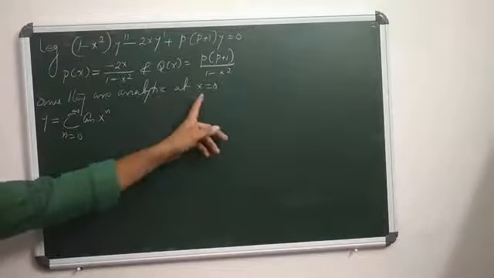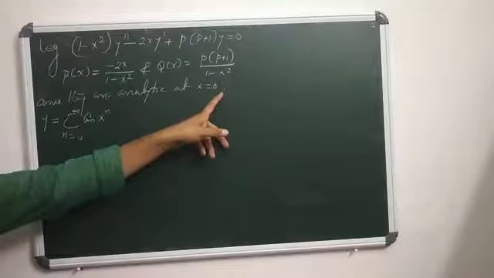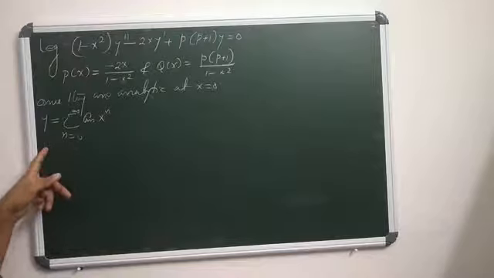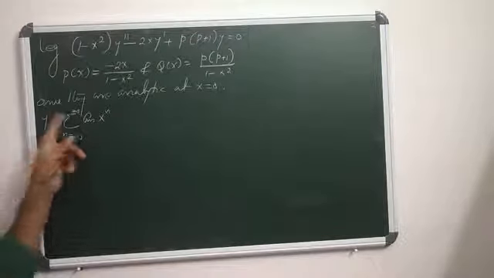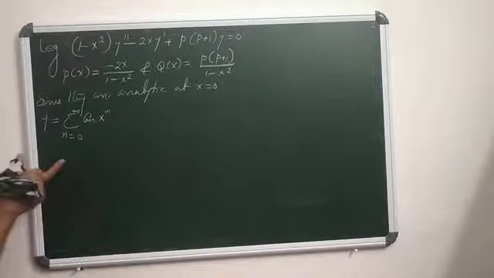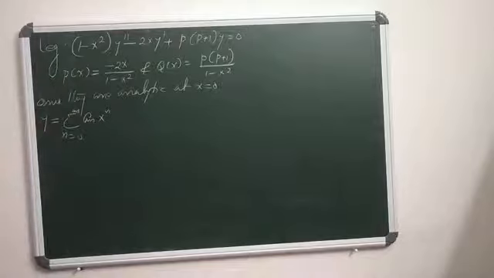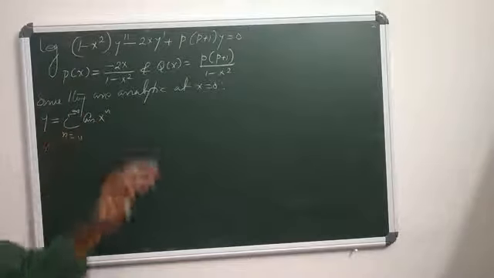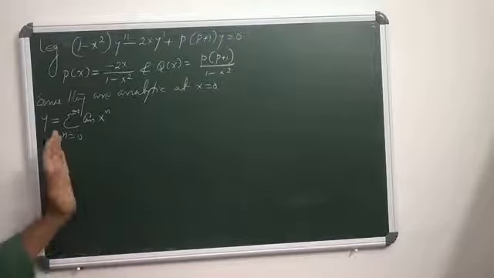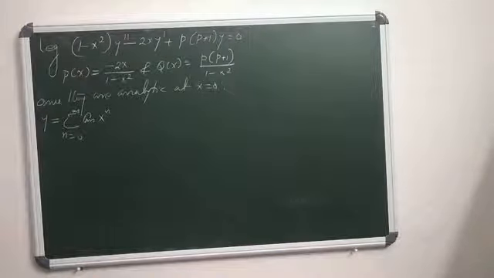If it is analytic at x equals x naught, then you can assume sigma n ranges from 0 to infinity a n (x minus x naught) all power n is the solution of the given differential equation. But here it is analytic at the point x equals 0, so x naught is 0 here. So it is sigma n ranges from 0 to infinity a n x power n as the power series solution.